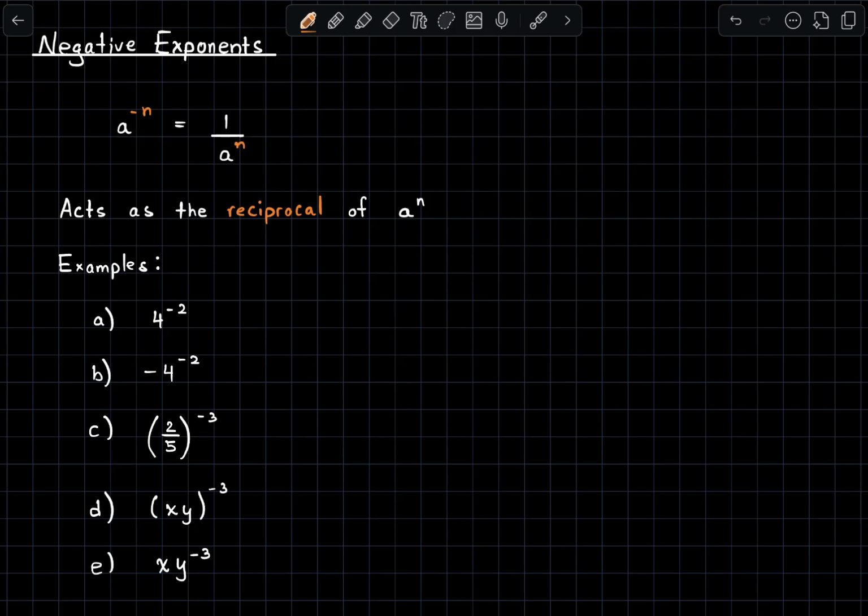If we had a negative power in the denominator of a fraction, this is the same thing as bringing it to the other side of the division bar and making that exponent positive. That's really all we're doing. It's kind of an indication that you need to flip this to the other side of that division bar. So let's look at some examples real quick.